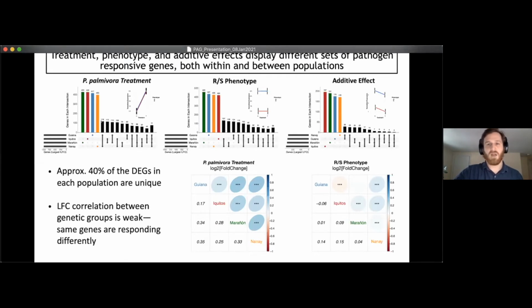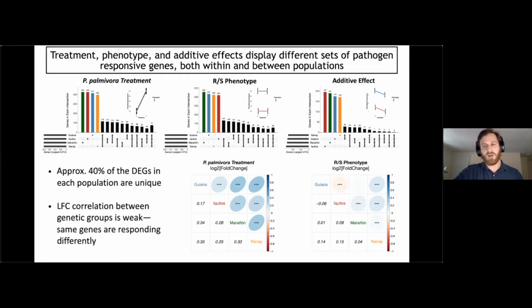Here on the far left, we see about 40% of the genes that are differentially expressed across these four genetic groups are only found within those genetic groups. And then only 60% is shared across all of them, or shared across some combination of all four. And we see that pattern for resistant/susceptible phenotype as well as additive effect as well.